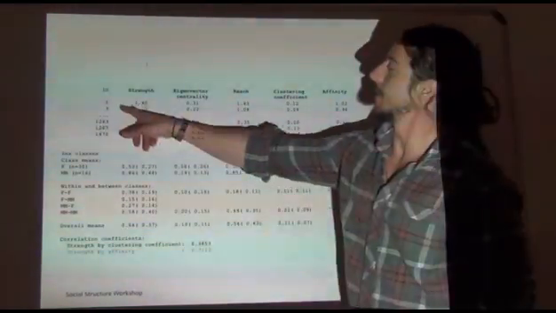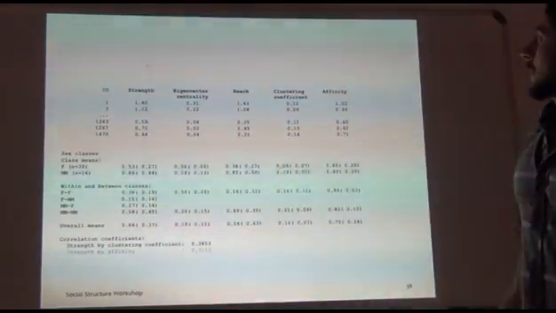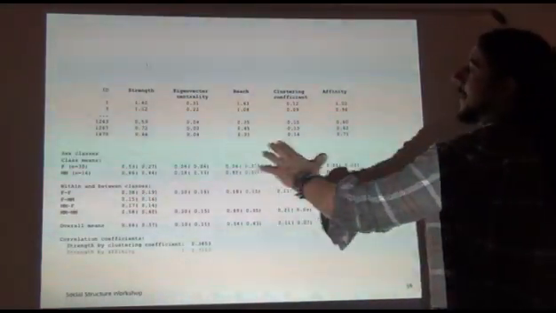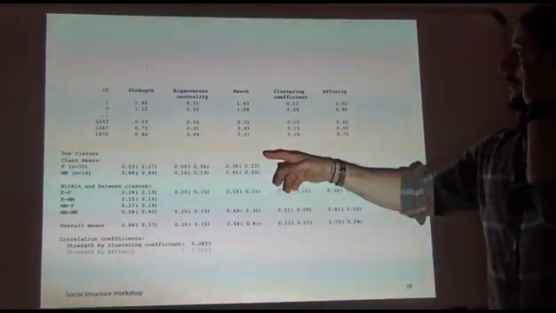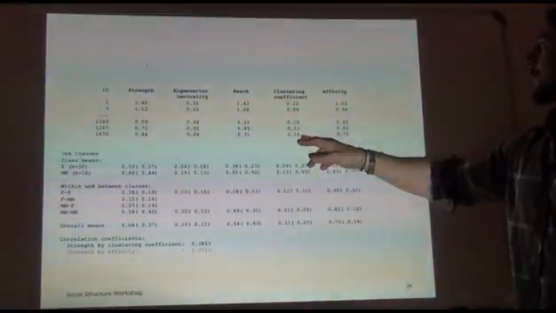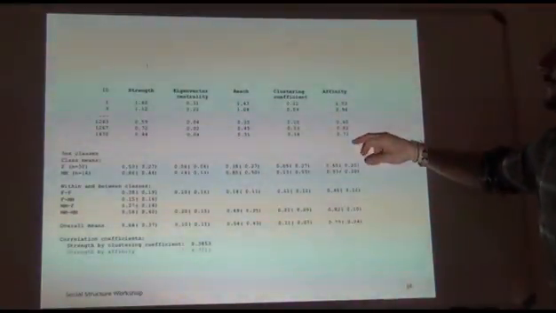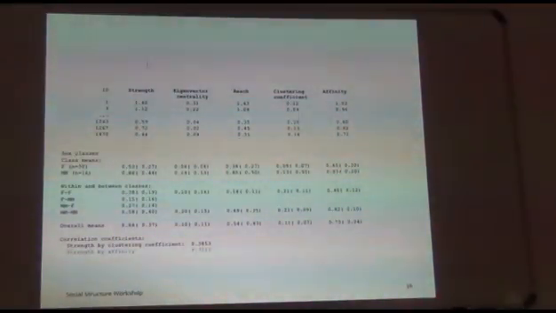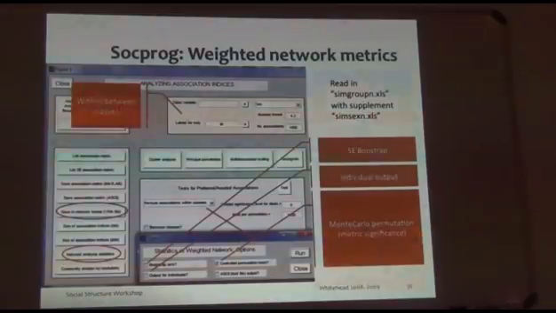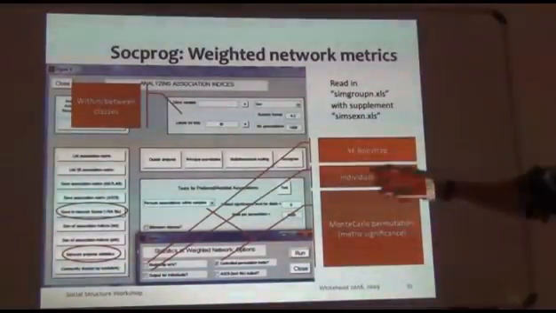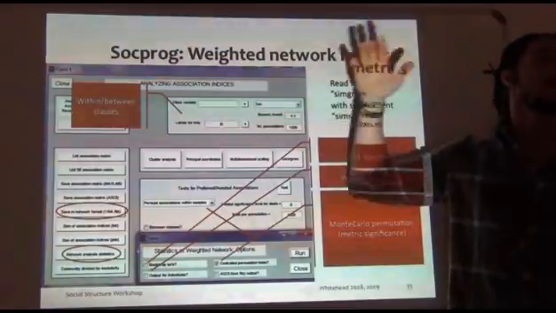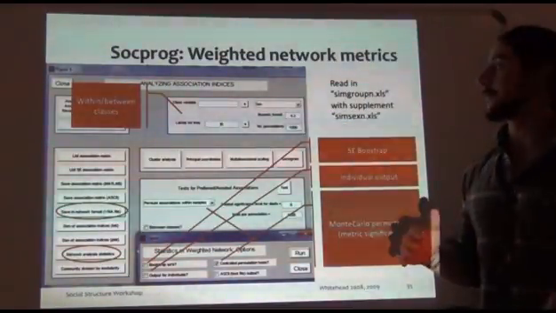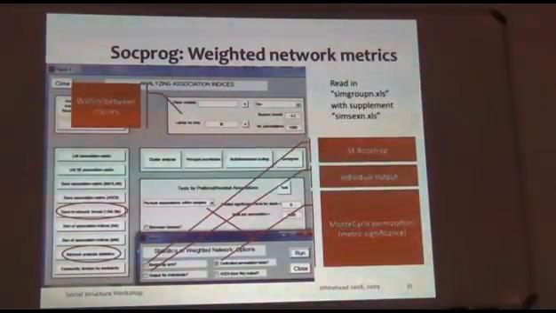So you have your individuals here, and Sociprog calculates metrics: strength, eigenvector centrality, reach, clustering coefficient, and affinity. So we give you those for each individual. If you have a class, males, females, or juveniles and adults, you can add this class here. It will also calculate for these blocks, these categorical ones.